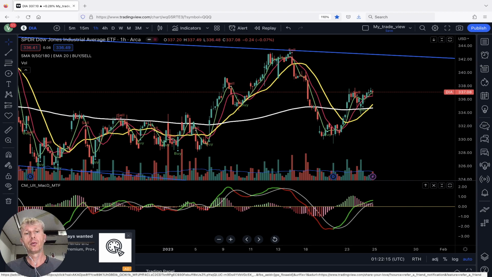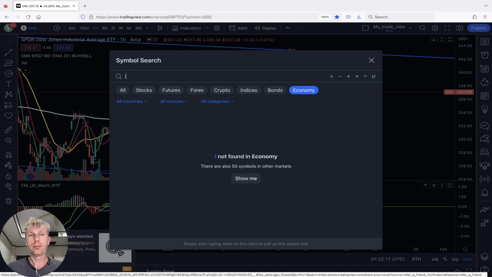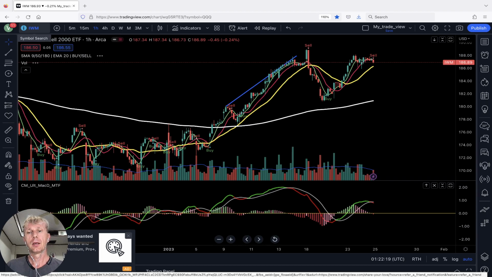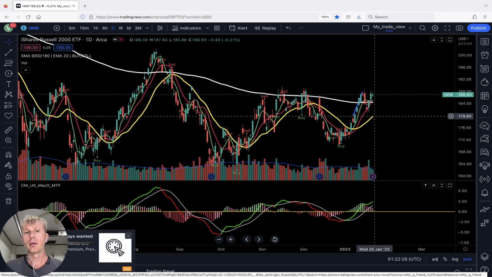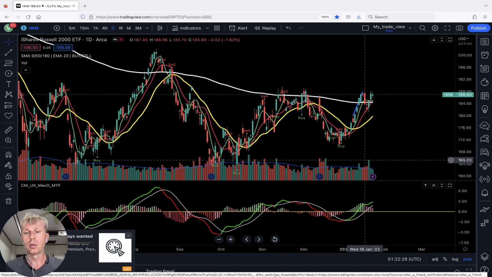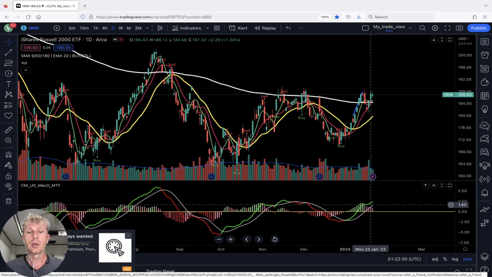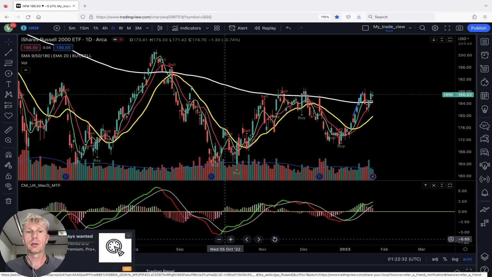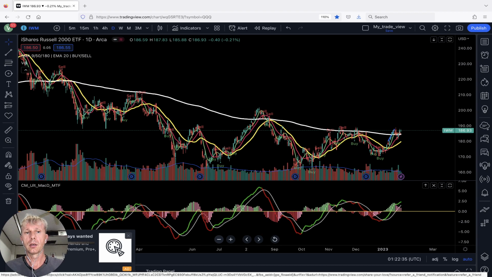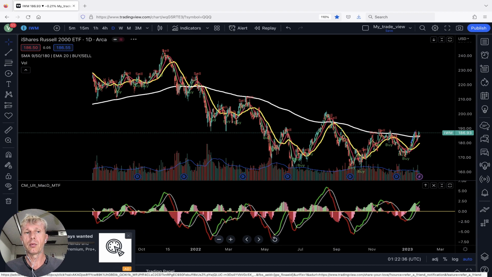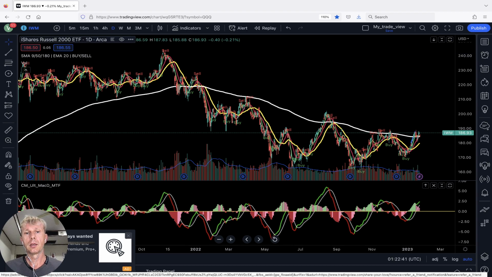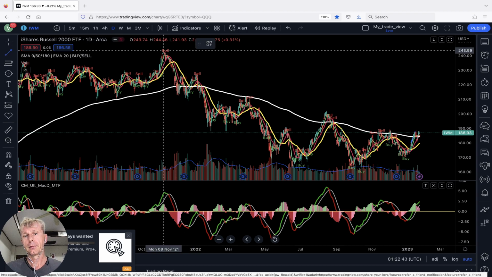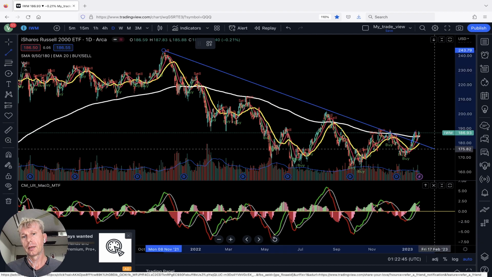Let's move to IWM on daily time frame. Still bullish, green, still bullish. Let me create a trend line from the top also.